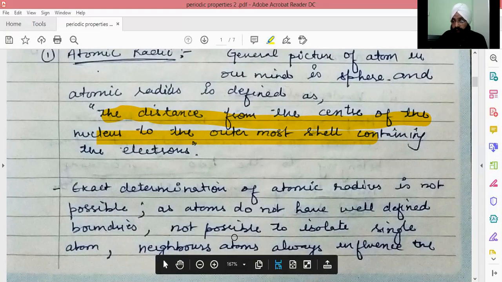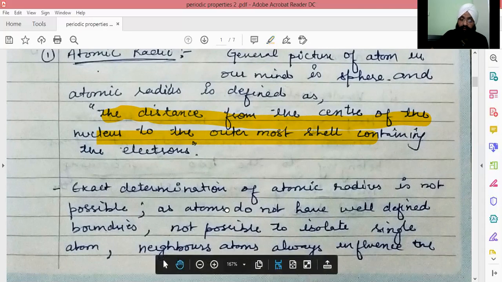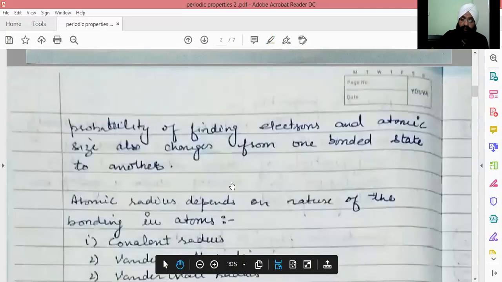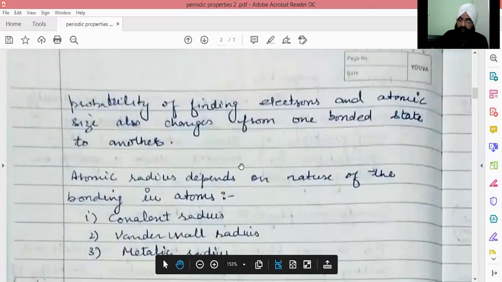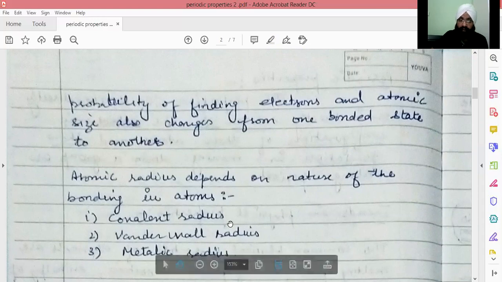Whenever we find the atomic radius, there is an impact of the neighboring atoms, which always influences the atomic radius value, because the neighboring atoms affect the probability of finding the electron cloud of other atoms adjoining them.